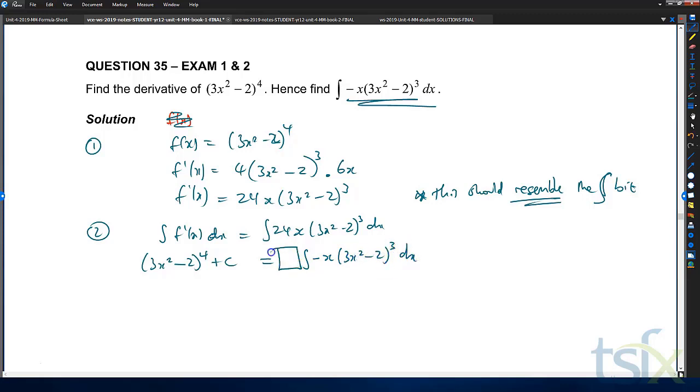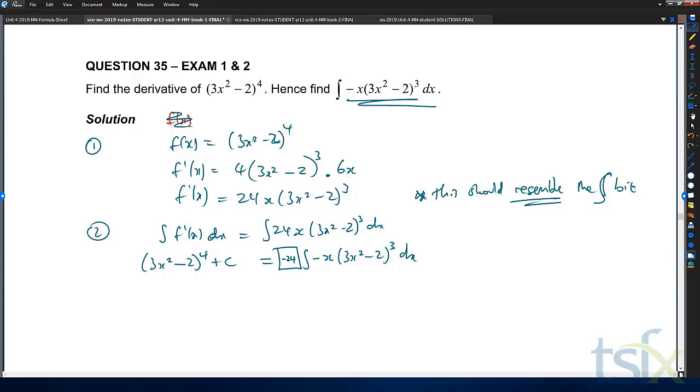What do I need at the front here for this right-hand side to be true? I need a negative 24, so neg 24 times neg x gives me pos 24x. So I'll put a neg 24 out here, like that, and that's a constant out the front.